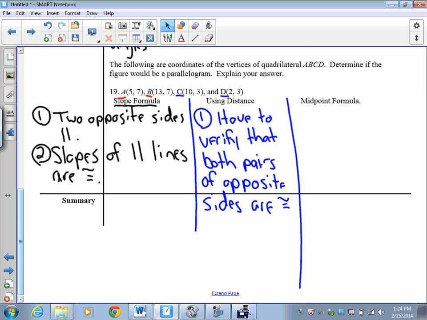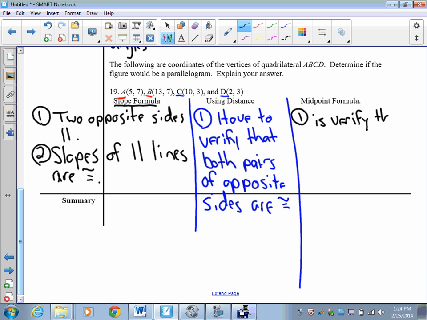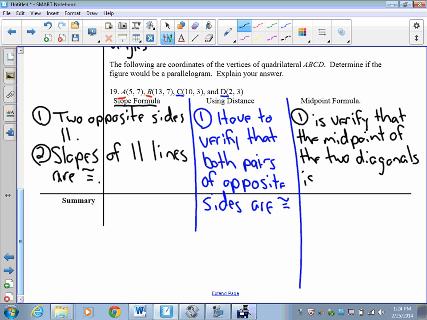The last one says the midpoint formula. So all we need to do here is verify that the midpoint of the two diagonals is the same.